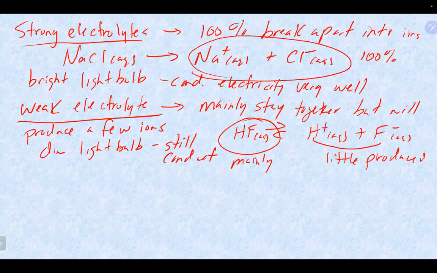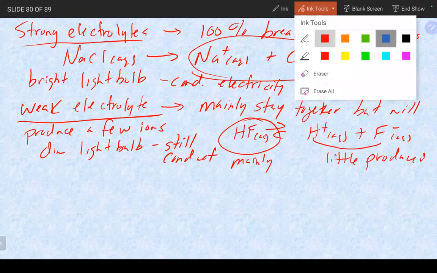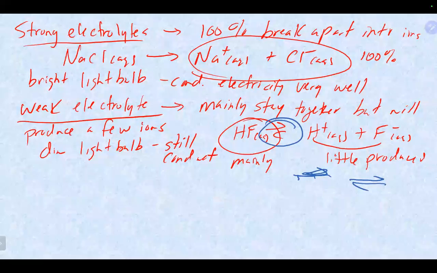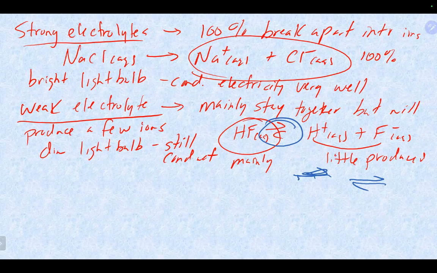How do you know the difference, or if it's a weak electrolyte? One main way is actually the arrows. We have arrows that are heading in both directions, and that's very commonly referred to as a reversible reaction. That means that the forward direction, which in this example would be the HF breaking apart into H plus and F minus, happens.